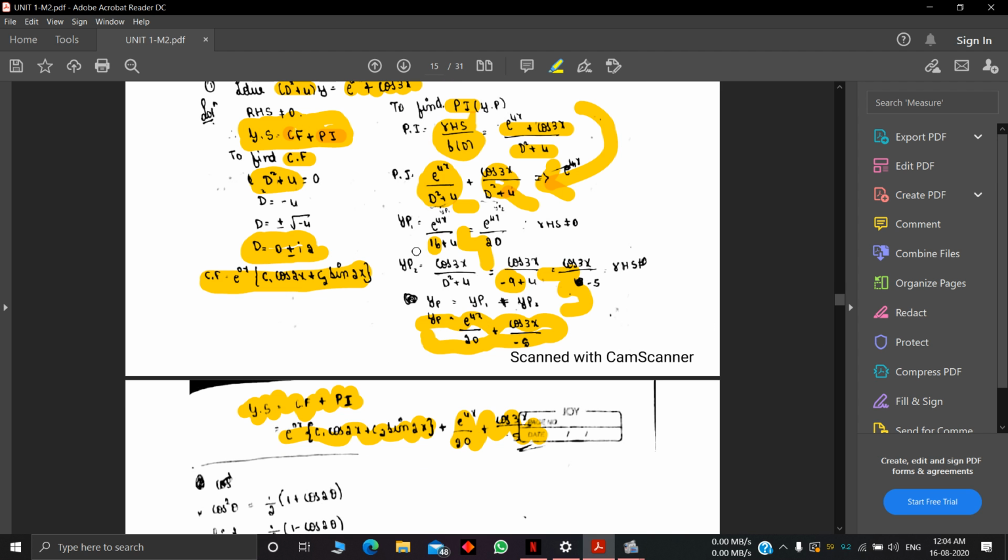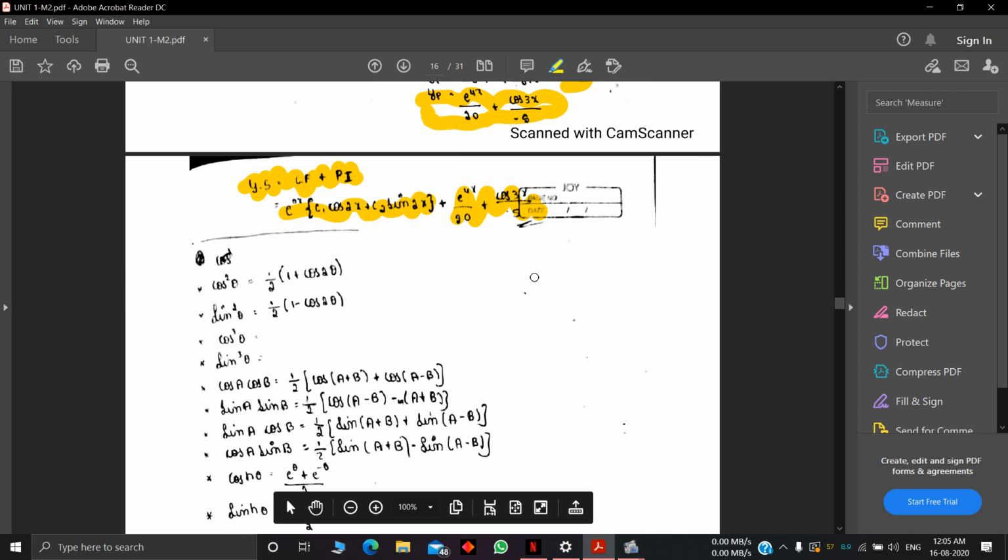Actually, they are taking the D value as whatever the constant value is with the x. See, in the numerator, the value with x is 4 in the yp1 and 3 in the yp2. So the D value is the constant with the variable that is there in the numerator.